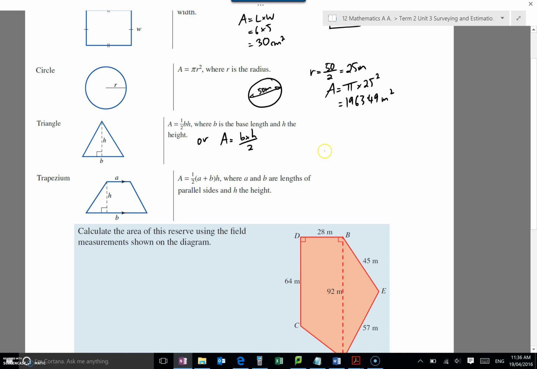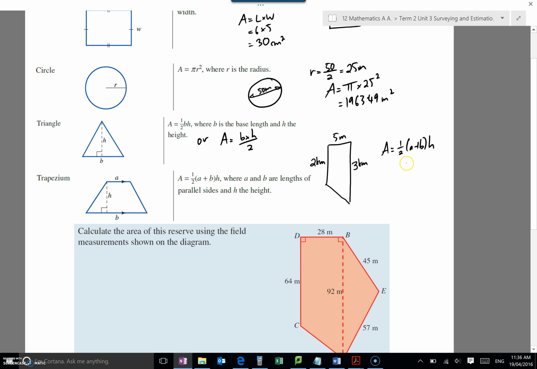Do an example now. So suppose I had a shape like this. This is 5 meters, this is 2 kilometers, and this is 3 kilometers. I wanted to find the area. My formula for area is a half a plus b times h.